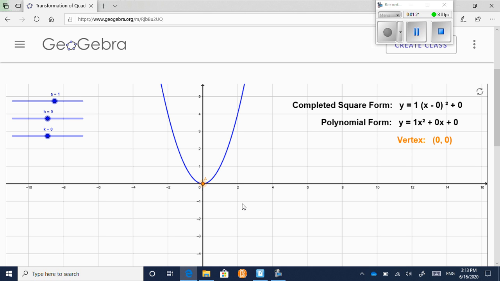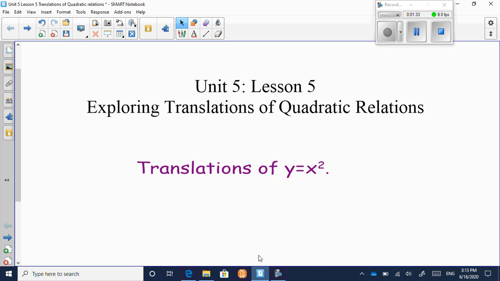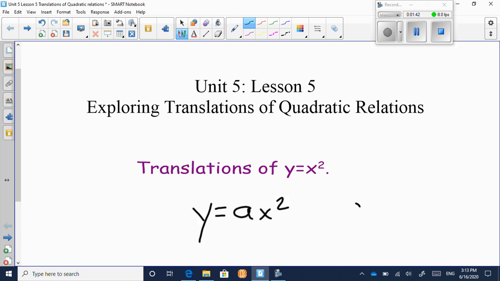In the last lesson, we played with the a value. We said, you have y is equal to ax squared, and if the a is greater than 1, so 2, 3, you stretch the parabola.